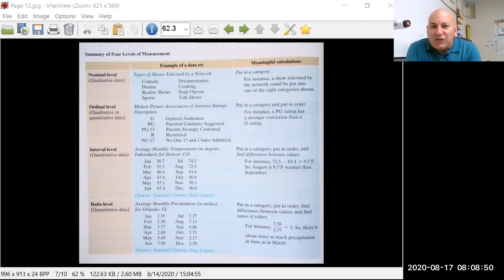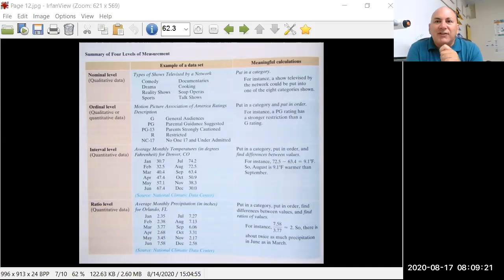And the interval level is where you can put things in a category, you can put them in order, you can find differences between things, but there's no real zero. Think of the height of a building. In Europe, the first floor is what we would call the second floor. It's one floor above ground. But would you say that zero means that there's no floor?